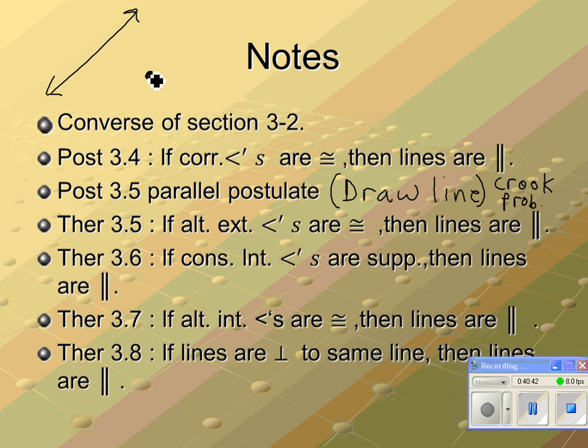How many lines are going to be up there? One. Because how many lines that go through this point that are parallel to this one are there in our world? There's only one.